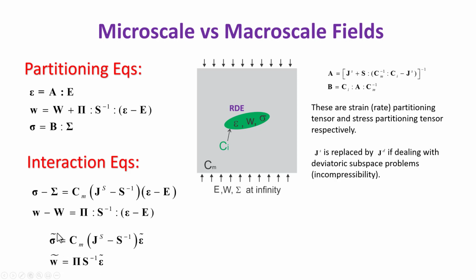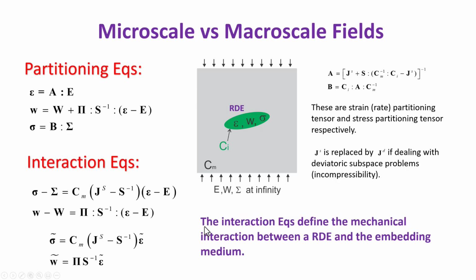Stress with a tilde on it represents stress difference. Stress difference is related to strain or strain rate difference, and the vorticity difference is also related to the strain rate difference. So the interaction equations define the mechanical interaction between an RDE and the embedding medium.